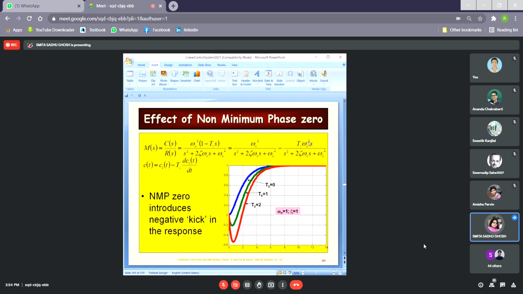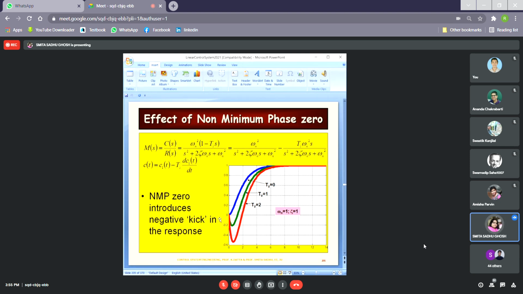So the time response will be the second order time response, if we denote it as c1(t), minus tz into s omega n square by this. So it's going to be a derivative of the second order response multiplied by tz. Because of the negative sign, there'll be a negative sign over here. So the overall time response is going to be equal to the second order response minus some constant value into the derivative of the second order response, right?